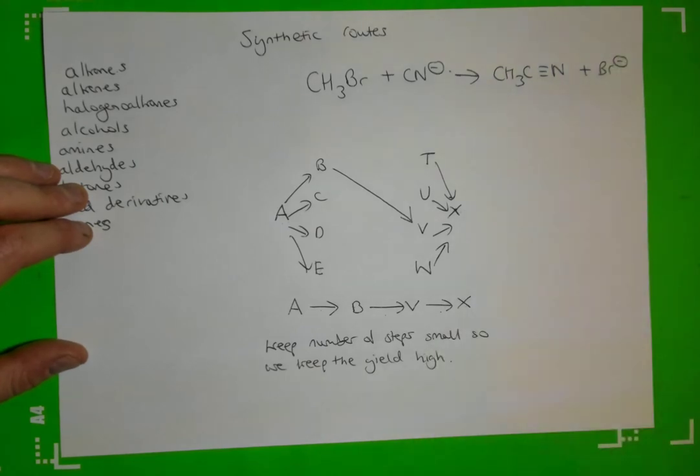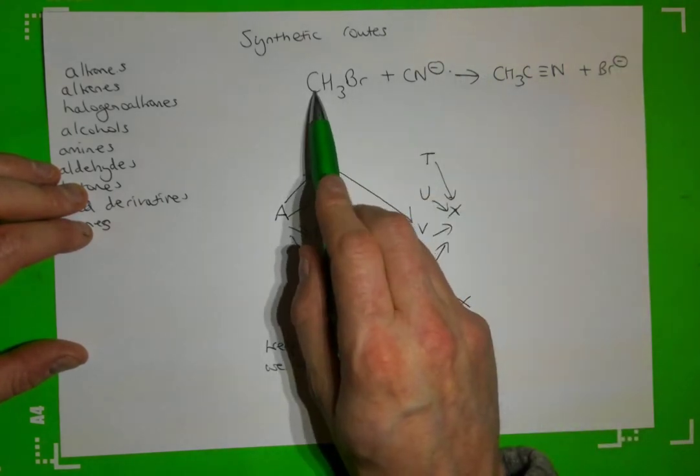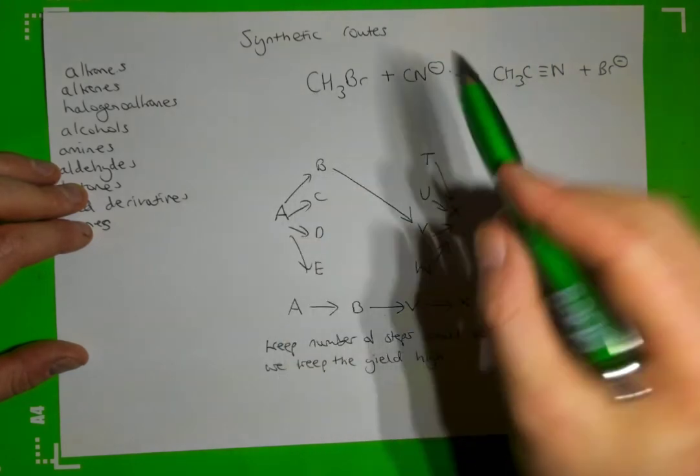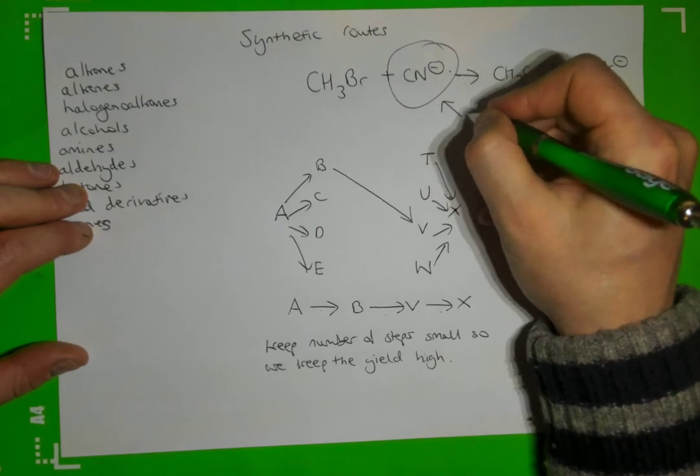So as a general rule in A-level chemistry, if you are increasing the carbon chain, here from 1 carbon to 2 carbons, then that will always involve a CN minus. That is a very handy exam hint.